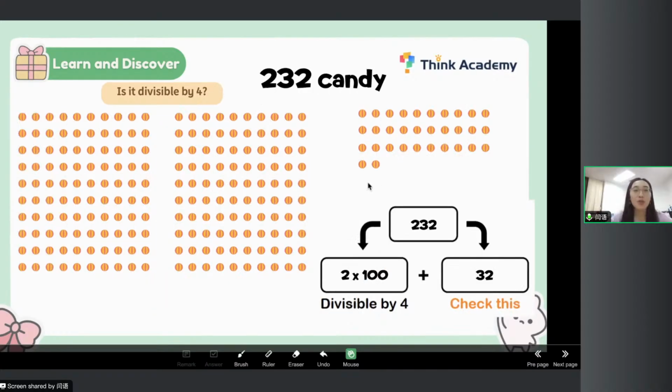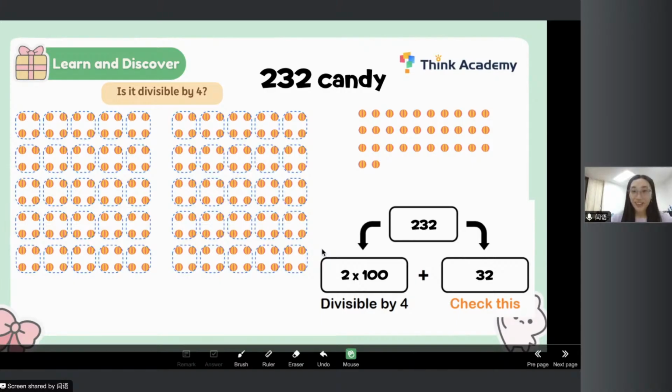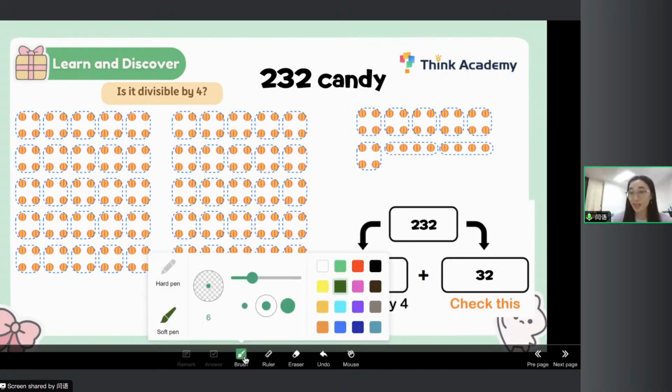Also here, let me show you what about if the number is even bigger. For 232, is it divisible by 4? Yes or no? Okay, good. Well, just now I already told you, as long as you see 100, you can make sure 100 is divisible by 4, right?